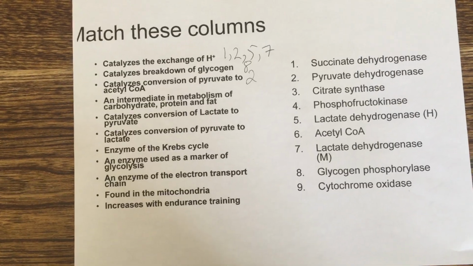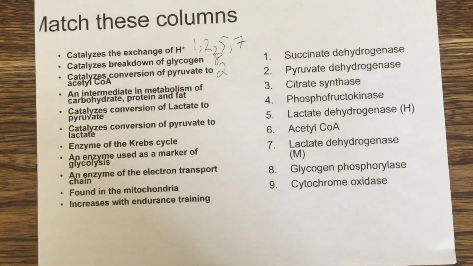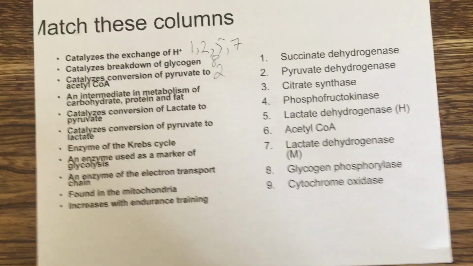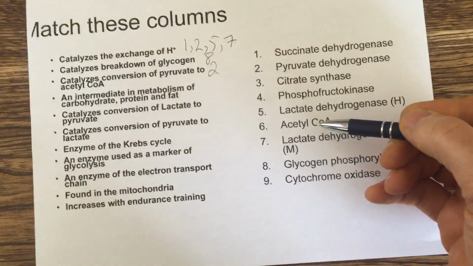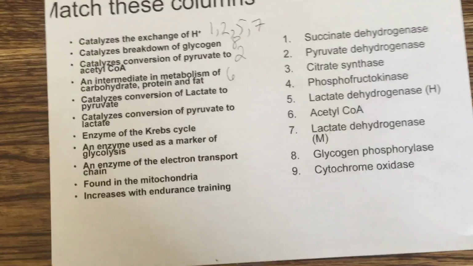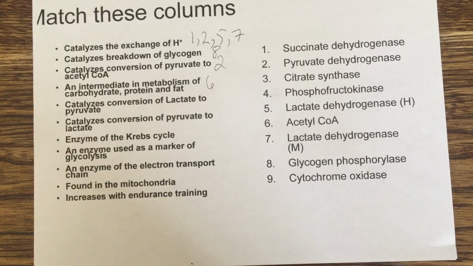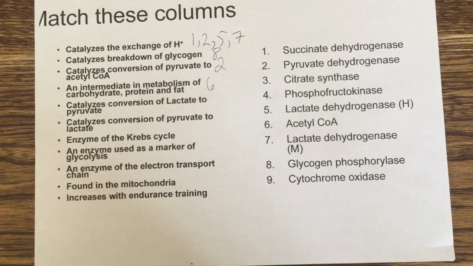An intermediate in metabolism of carbohydrate, protein, and fat. Those can all be directed towards the Krebs cycle, and the start of the Krebs cycle is acetyl-CoA. So the answer here is number 6, acetyl-CoA. Catalyzes conversion of lactate to pyruvate.